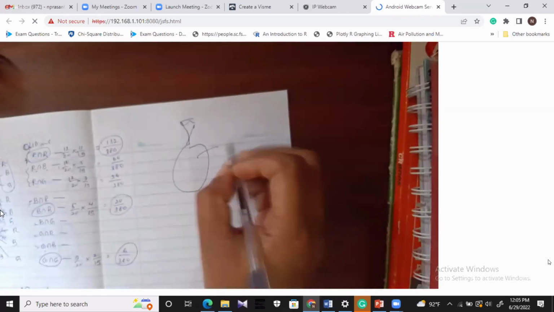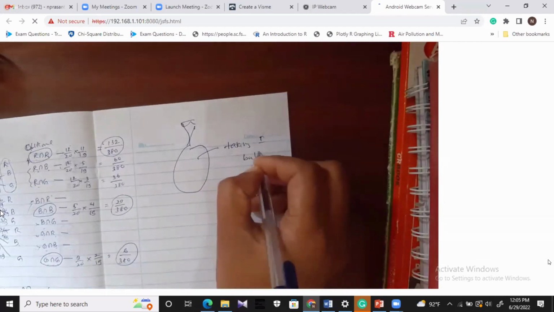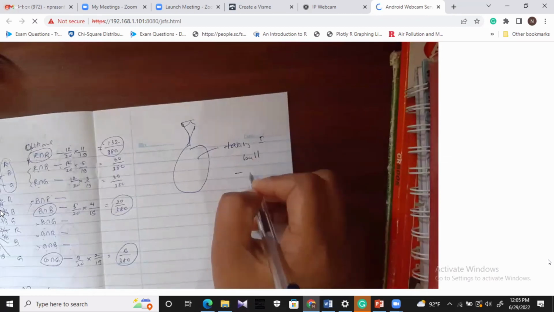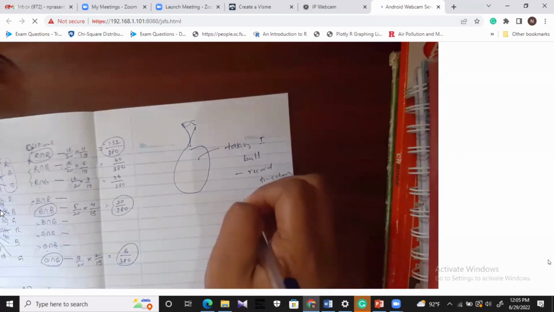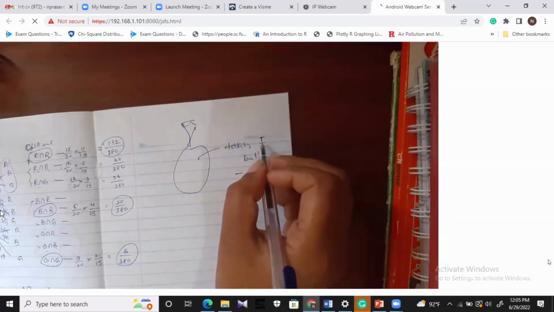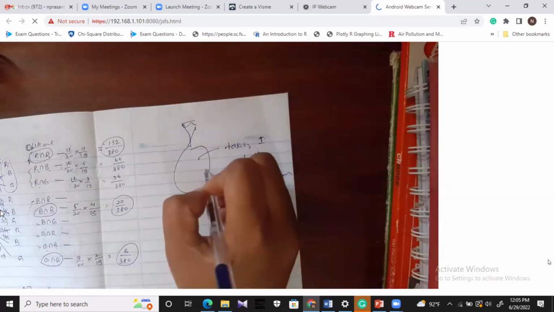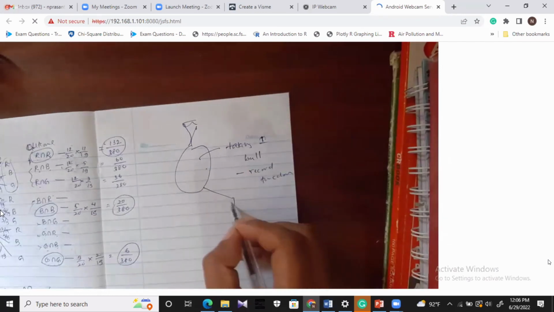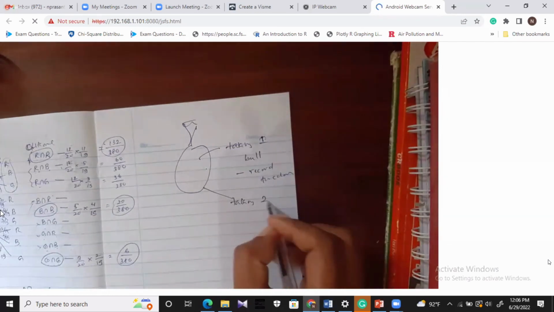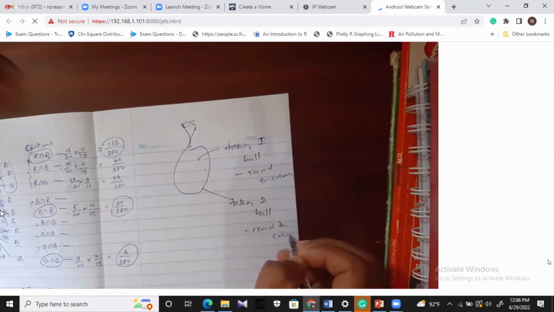So this situation is similar to taking one ball first and recording the color. And we do not put this ball again into the bag. Without putting back, we take the second ball, another ball from the bag, and record the color. Understand?